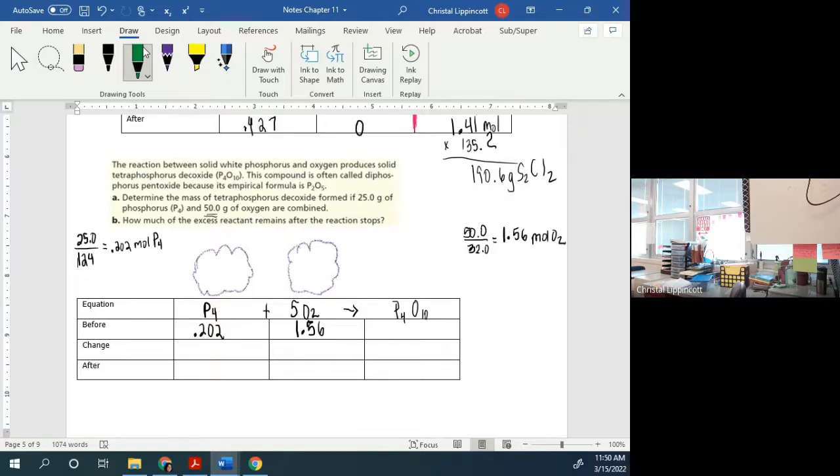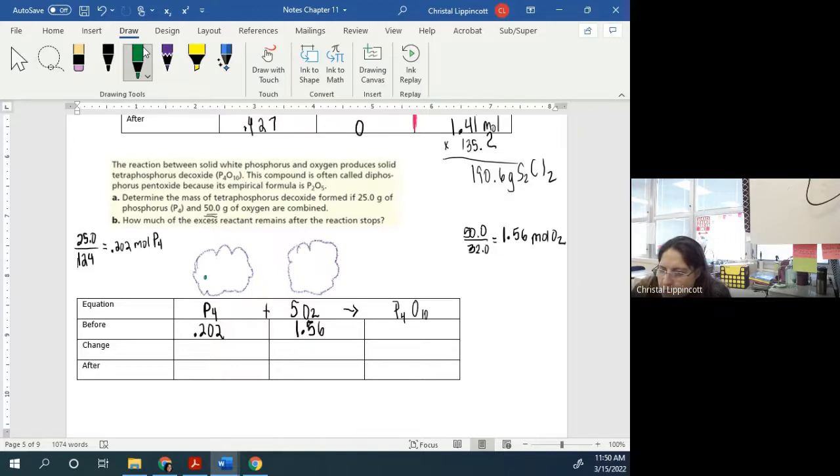How are we going to figure out the cloud values here? What do we do to figure out cloud values? Divide it by the, what's it called? Coefficient? Divide by the coefficient. So this one should be easy to do.